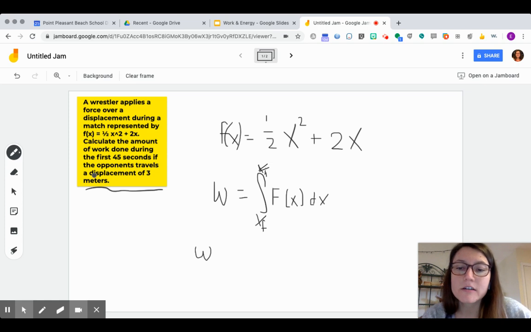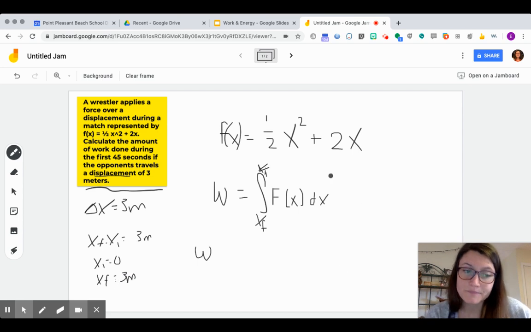Hopefully by the word displacement, we can assume here that delta x is 3 meters. So final minus initial would be 3 meters. So we say that the initial is 0 and the final would be 3 meters later.